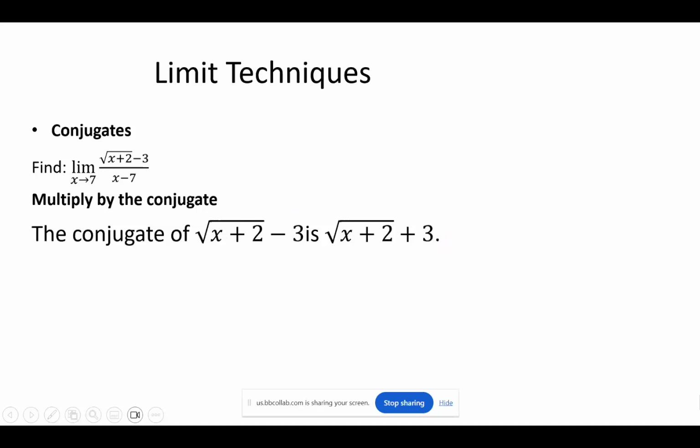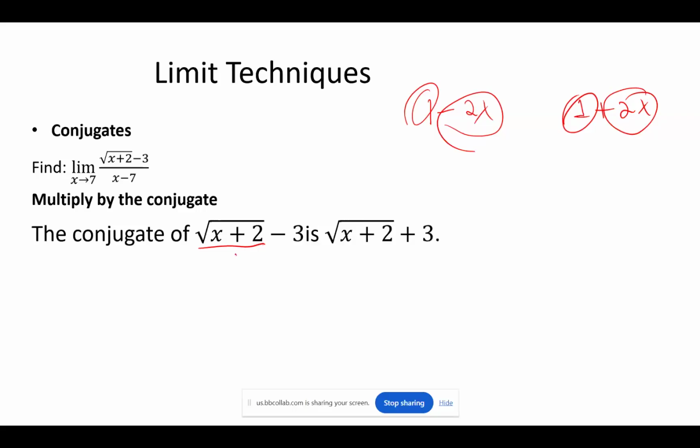If I had, let's say, 1 minus 2x, the conjugate of this would be 1 plus 2x. So always the first term stays the same. The second one is the one that changes sign. So here, all of this is A, and this is B.